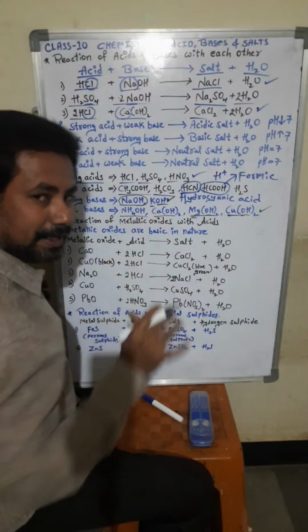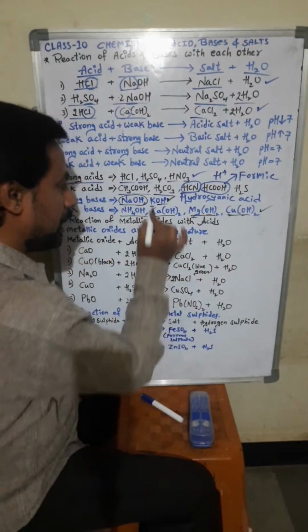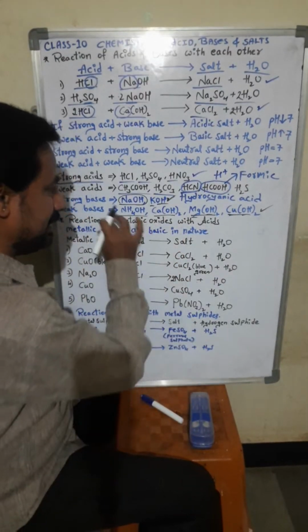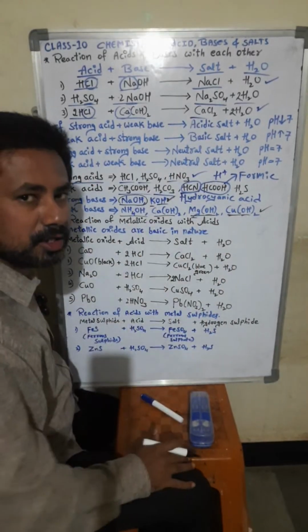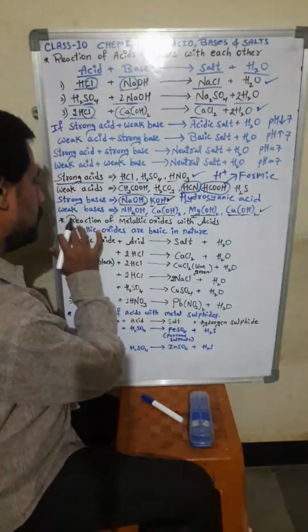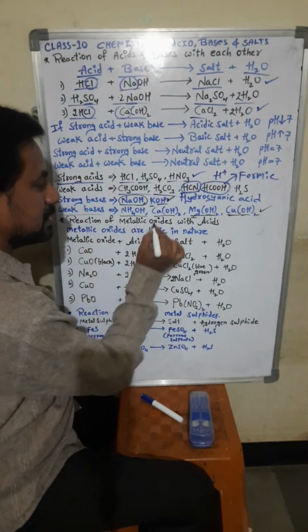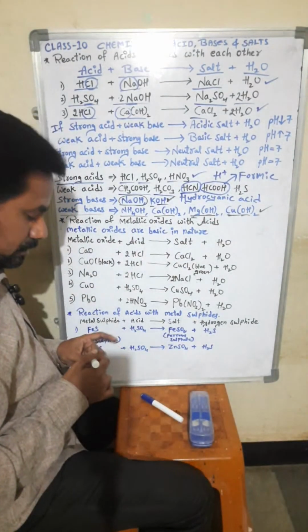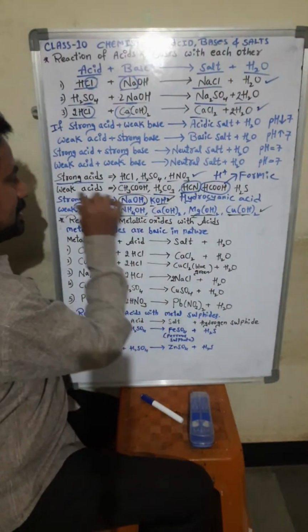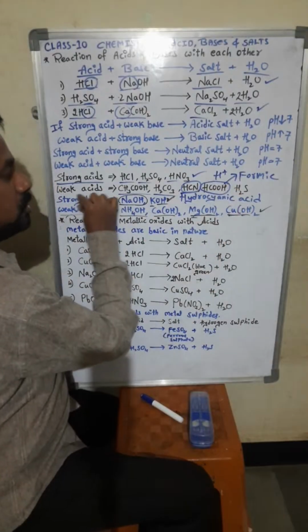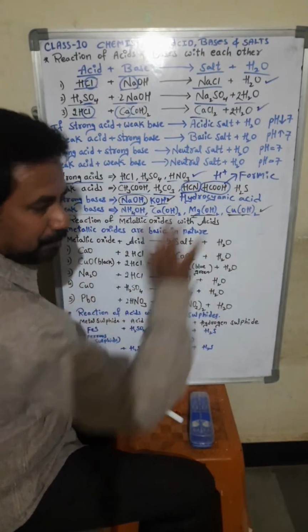Sodium hydroxide, KOH, potassium hydroxide, strong bases, and these all are weak bases. Sorry for the confusion I caused. No problem, no issues. Got it? Clear? What we have seen: strong acids, weak acids, strong bases, weak bases.